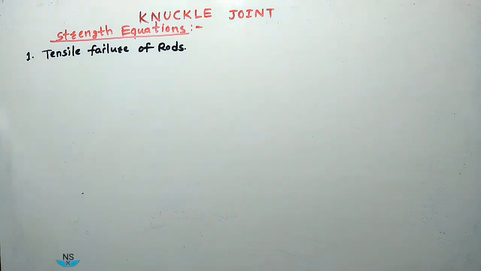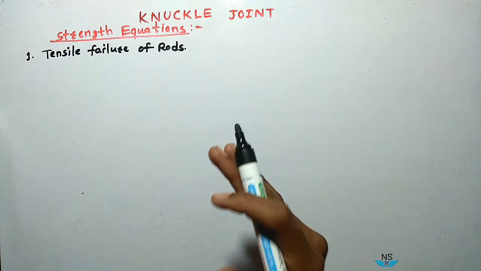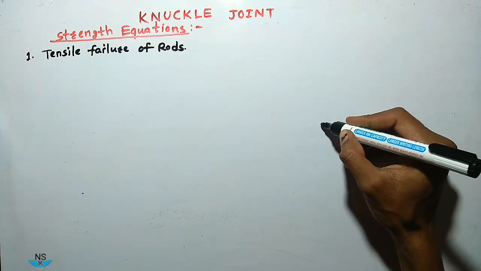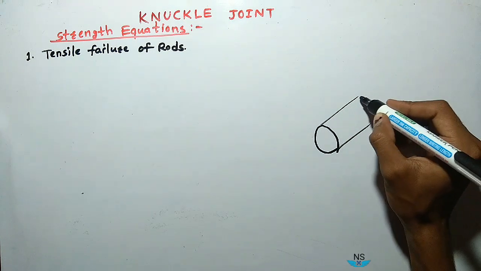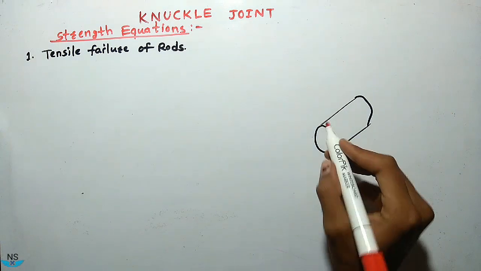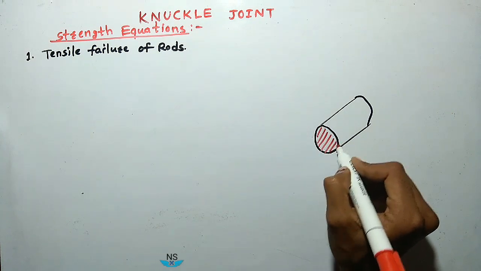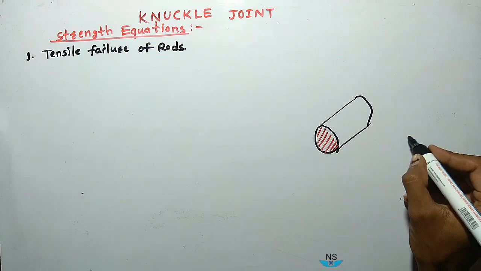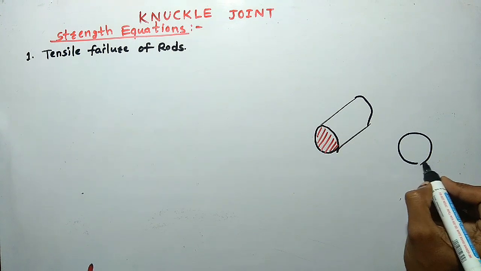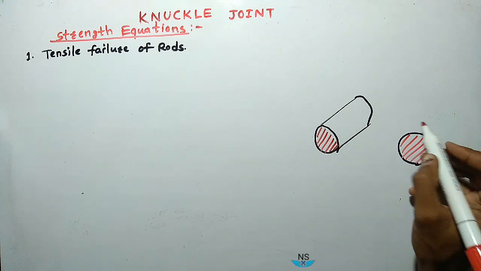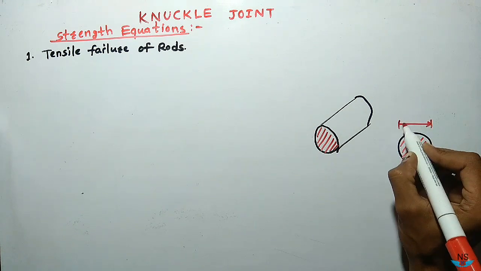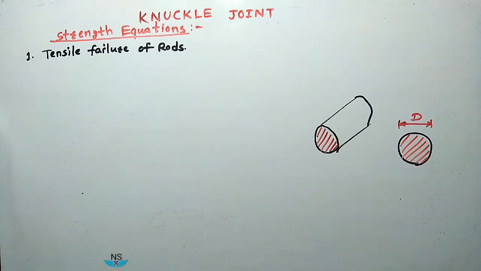So how will failure of rods take place? Tensile failure means the cross-sectional area of failure looks like this. So this is the rod, and if failure takes place, this is the area of failure. It looks like a circular cross-sectional area. So the diameter of the rod is capital D, and the area of failure is pi by 4 D square.